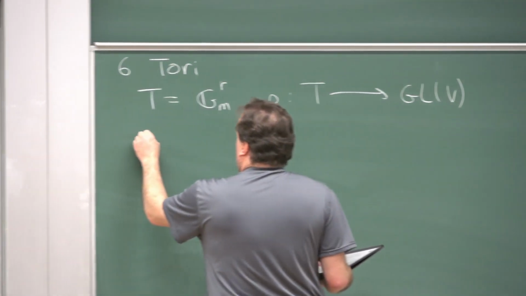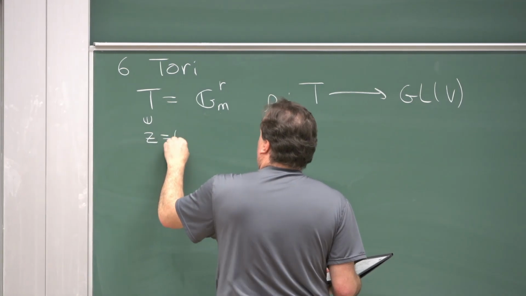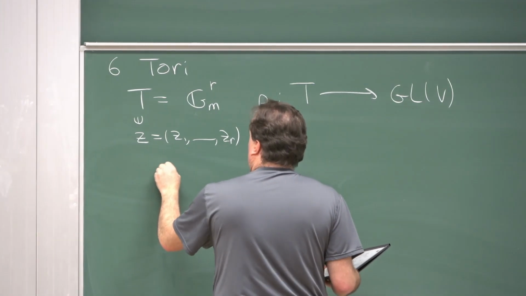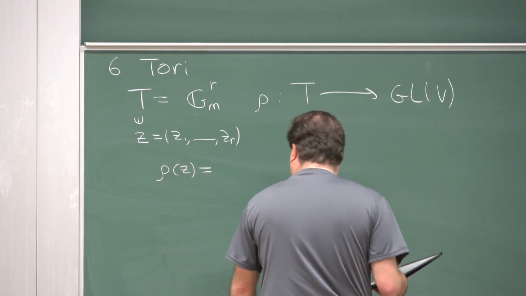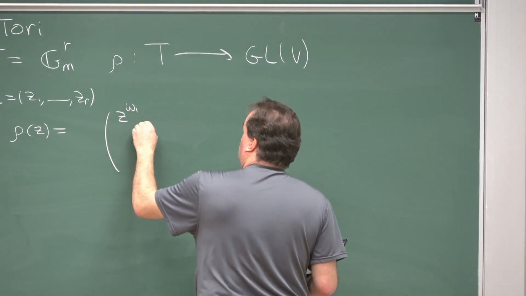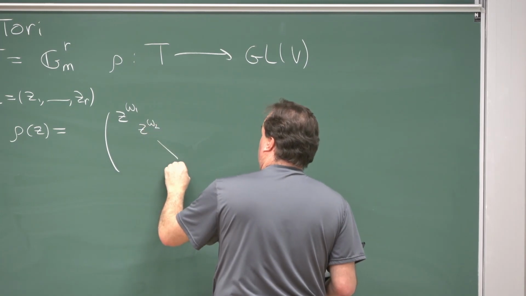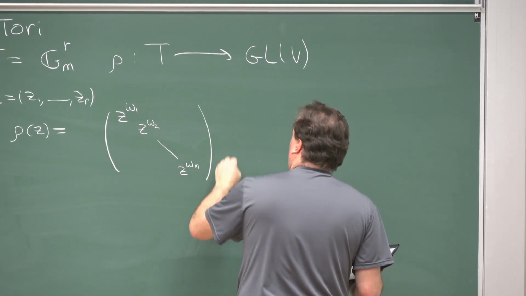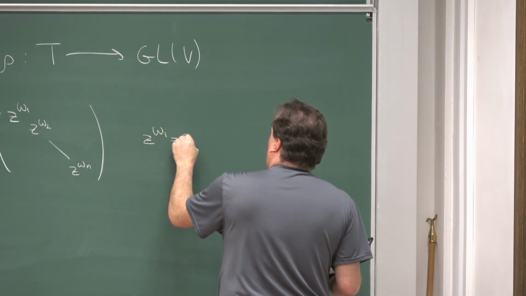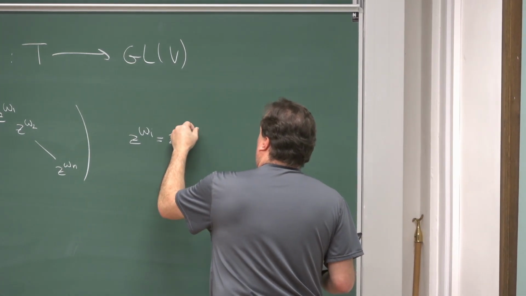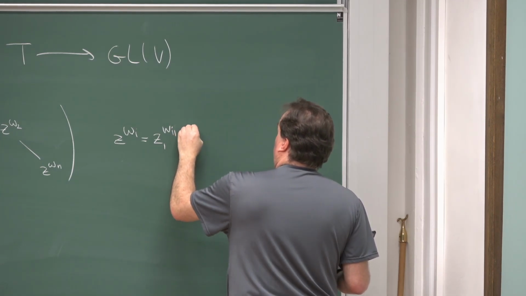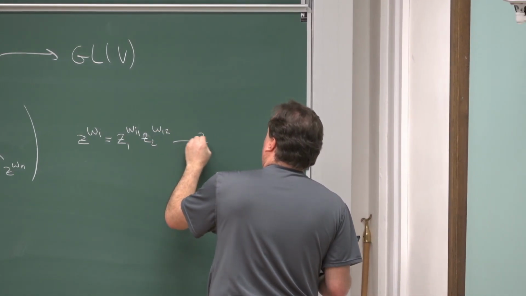So if you have some z in the torus, let's call it z1 up to zr, then this rho of z is of the form z^ω1, z^ω2, etc., z^ωn, where z^ωi is z1 to the power ωi1, z2 to the power ωi2, and so on.